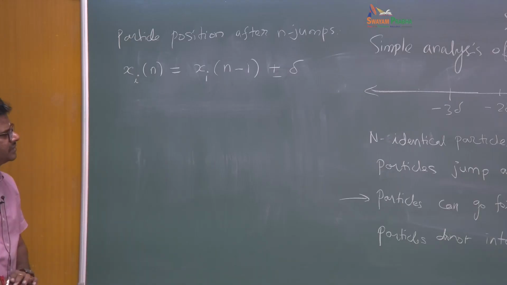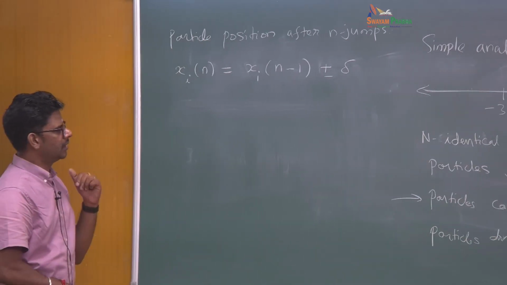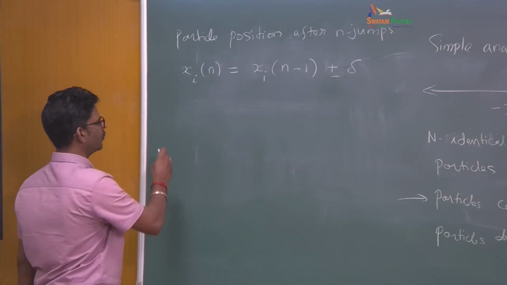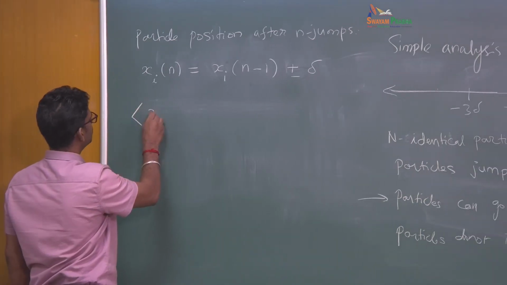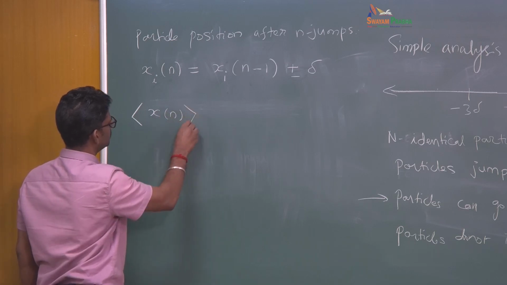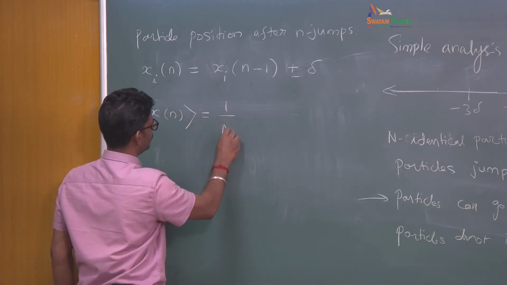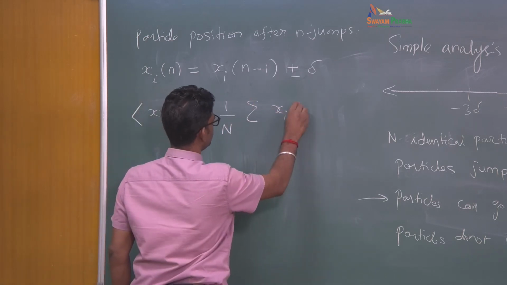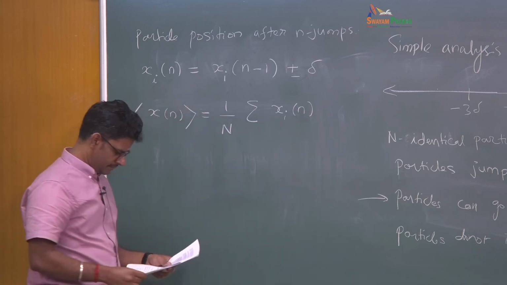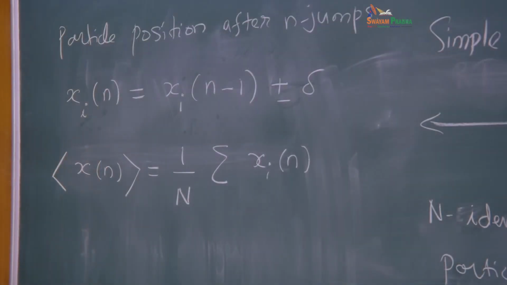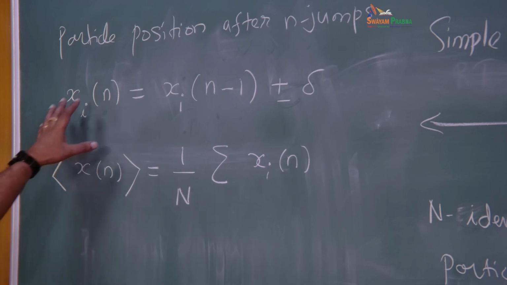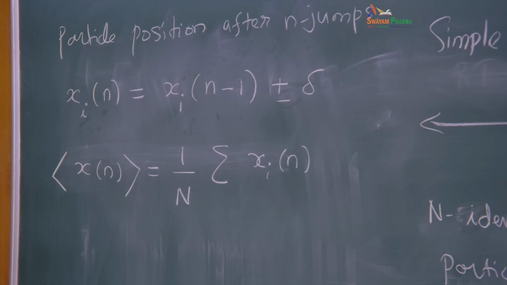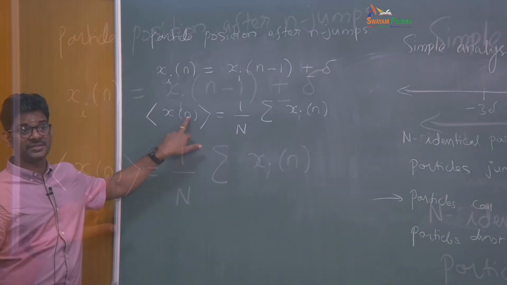Then we can ask, what is the mean position of the N particles after n jumps? I am going to use the symbol x of n, and this would be the average over all the particles, one over N, sum over xi n. Correct? I said I have N particles, each particle is individually undergoing this random walk problem, and I am asking what is the mean position of all these N particles after the nth step.